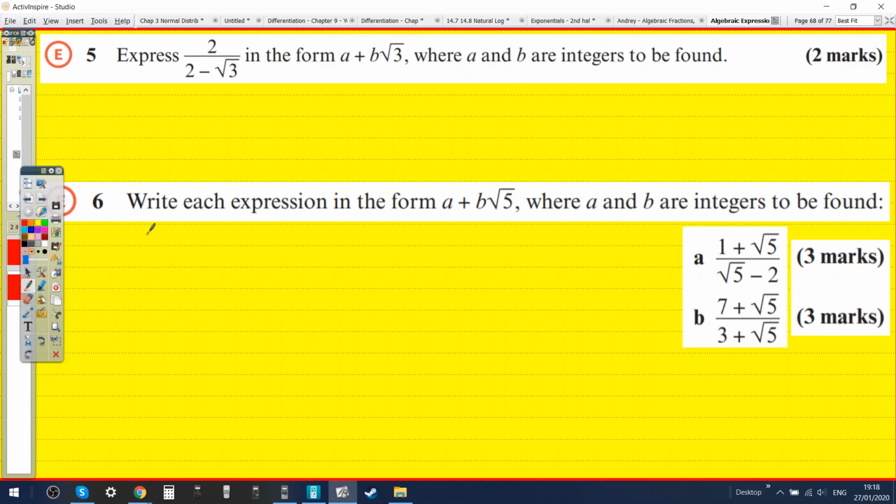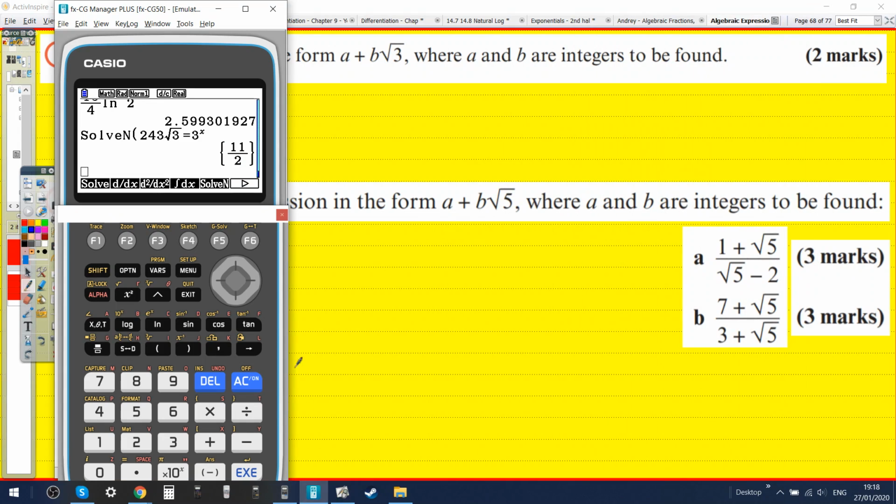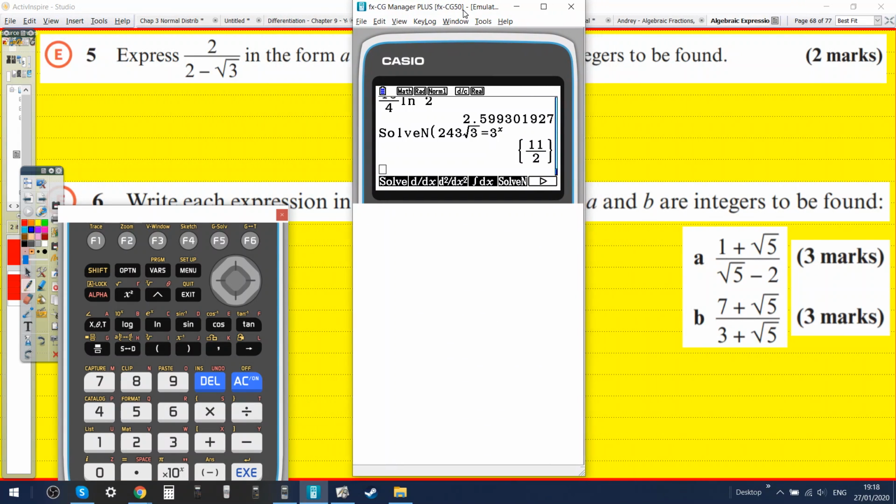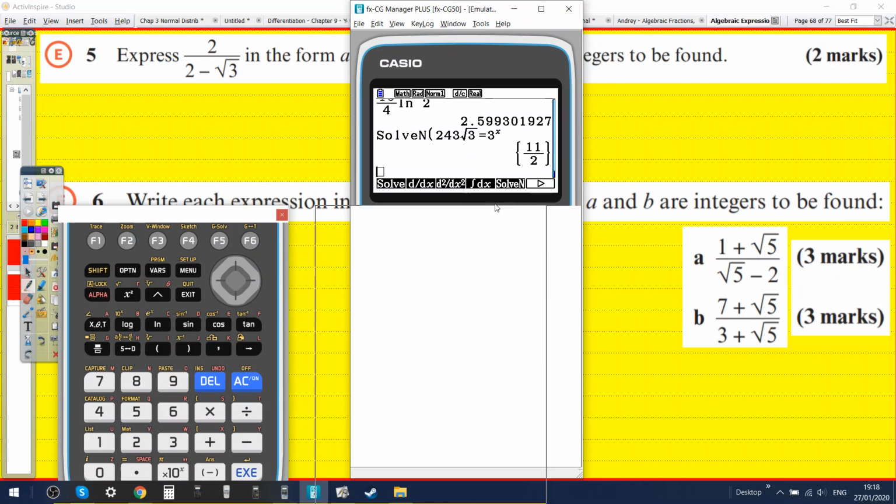How would you do the top one? Is that just where I have to times the top fraction and bottom fraction by 2 plus root 3? In theory, yes, and in practice, just put it into your calculator and it should auto rationalize for you.